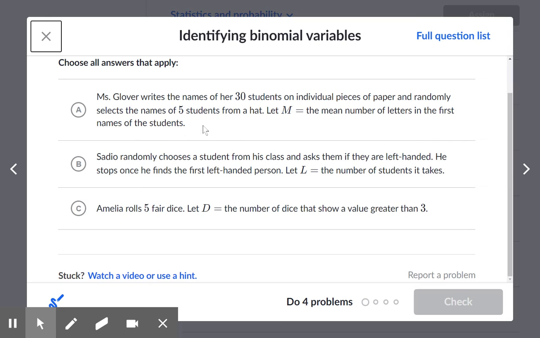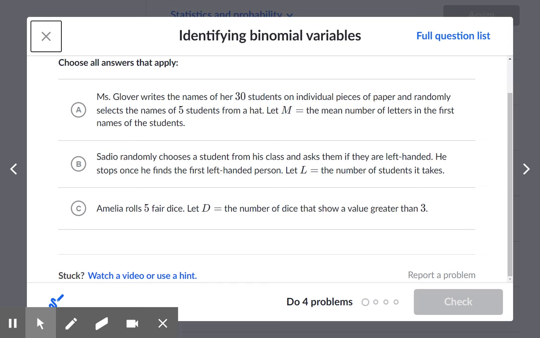Wow. So is it a binary outcome? No, because you're selecting 5 names from a hat. That doesn't give you binary outcomes at all. Or you can look at individual pieces of paper and ask whether that piece of paper will be selected or not selected.